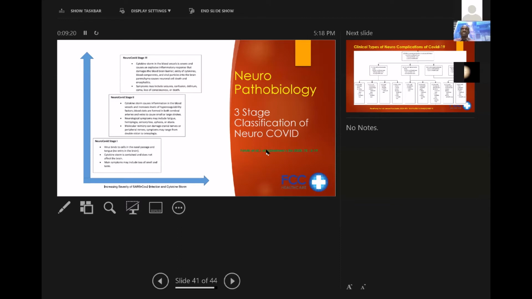Neuro-COVID stage 2 that he proposed occurs with patients who, because of the virus binding and inflammation of the vascular endothelium, have infarcts involving large and small vessels within the brain. So these are patients who may manifest with hemiplegia, sensory abnormalities, retinal artery or vein thrombosis, cerebral sinus thrombosis.